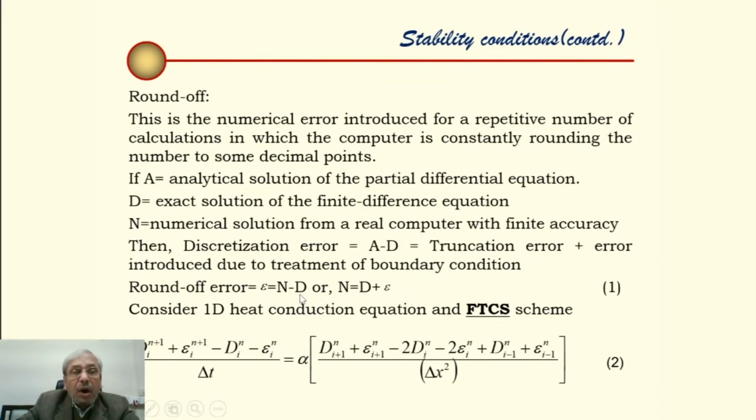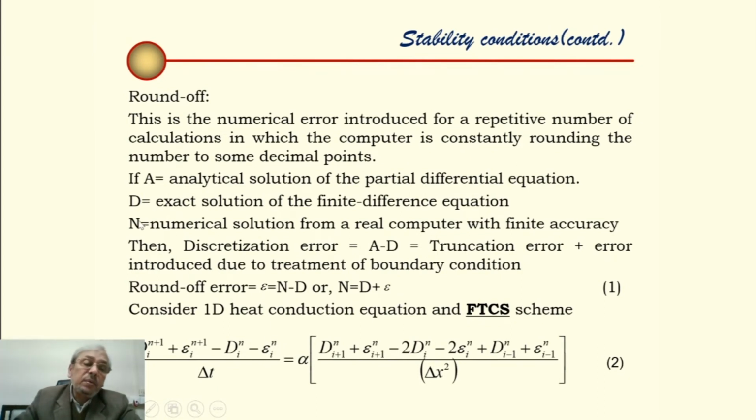Now here, instead of T, we are getting N. If we are getting N, that means instead of the dependent variable at the n plus 1th level at point i, we can write D i at n plus 1 plus epsilon i at n plus 1, minus the dependent variable at the nth level, so D i at nth level plus epsilon i at nth level.